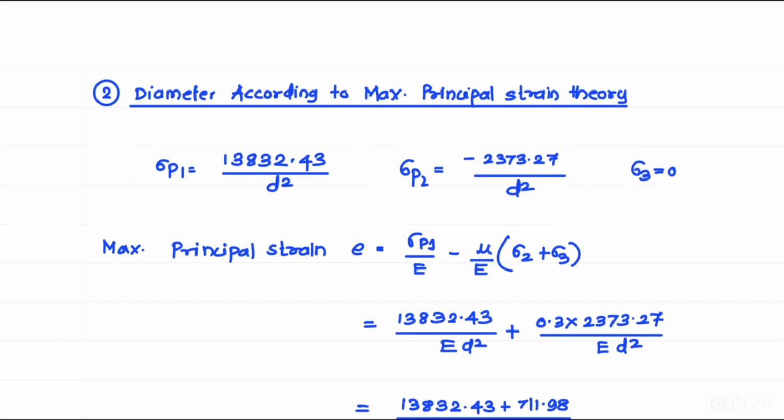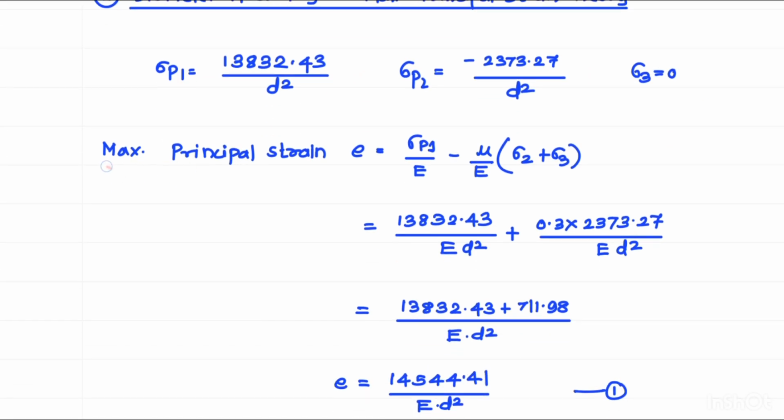The intermediate one, the third stress, is equal to 0. Now the maximum principal strain is equal to sigma P1 divided by E minus mu into sigma P2 plus sigma P3 divided by E.